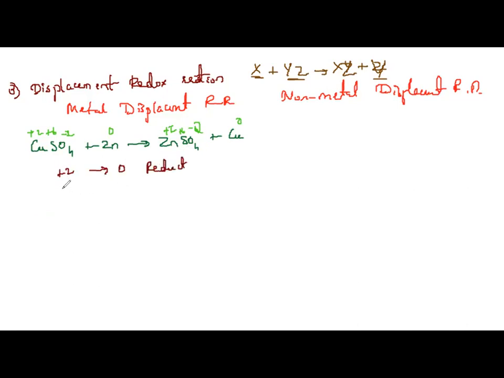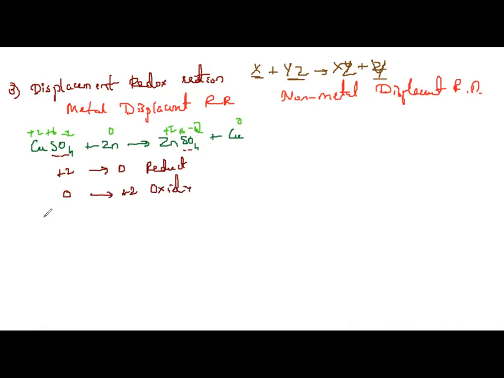Sulfur remains the same, so it is a spectator ion. Oxygen also remains the same, so SO4 minus 2 is a spectator ion. Zinc from 0 is becoming plus 2, that means loss of electrons, oxidation. So it is a redox reaction.